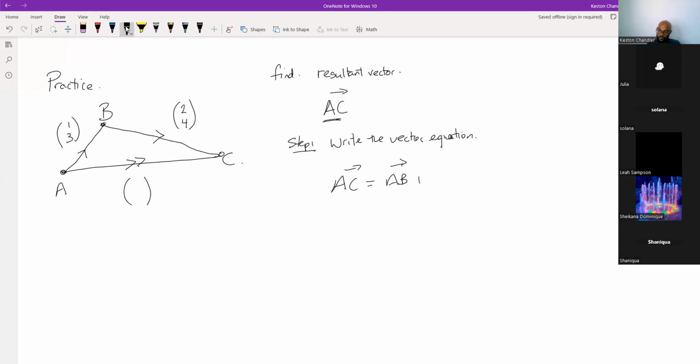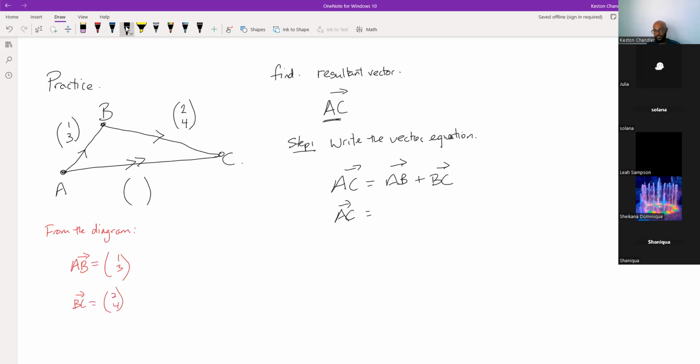Just drop a Y in the chat board if it does. Good. Now we have values. We have values for AB, right? And we have values for BC. I could write underneath here from the diagram. AB is 1, 3. And BC is 2, 4.